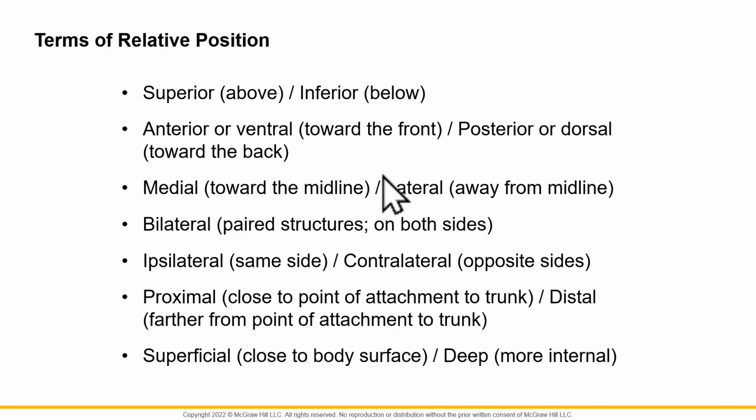So anterior, ventral, posterior, dorsal. All right, so if I'm looking at myself, I would say my head is superior to my chest. All right, the spine is posterior or dorsal to the chest. If I'm talking about the front of an organ, it's anterior or ventral to the back of it.